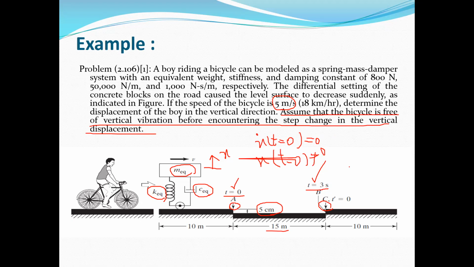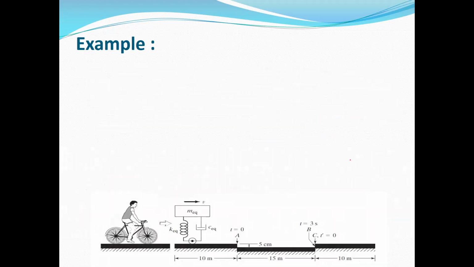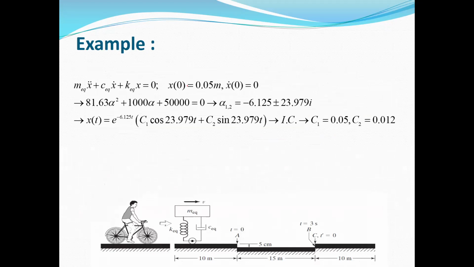So let's form the equation of motion and find the initial condition. Here you can see this is x at t equal to 0, which is 5 centimeter or 0.05 meter, and the initial velocity x dot is equal to 0, as I told you, due to the assumption of the problem. So we have the equation of motion with two initial conditions, this one and this one.